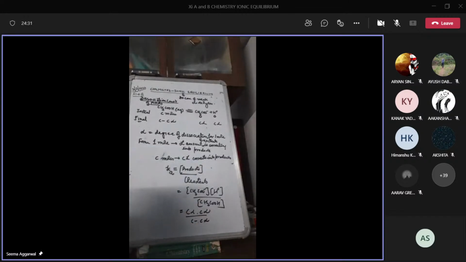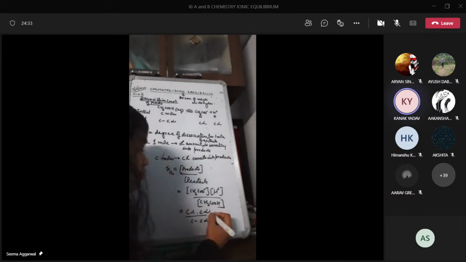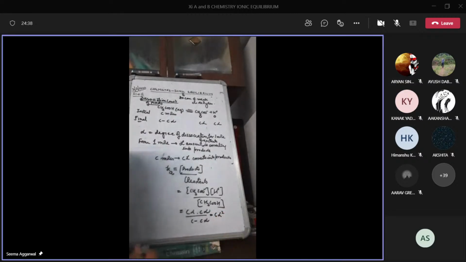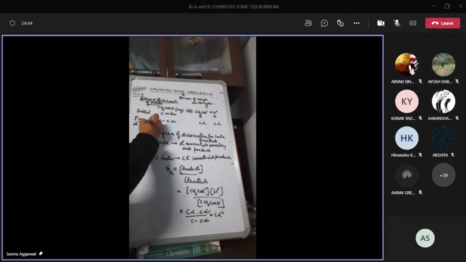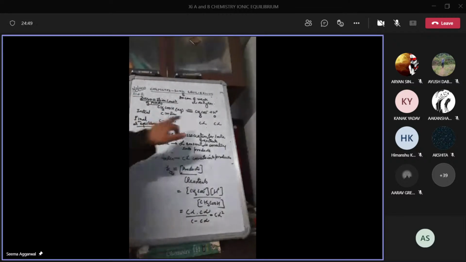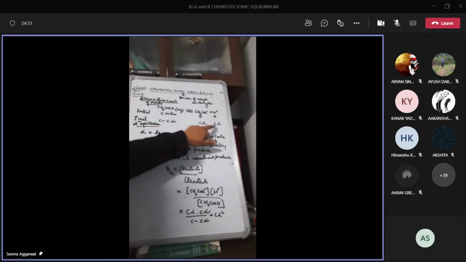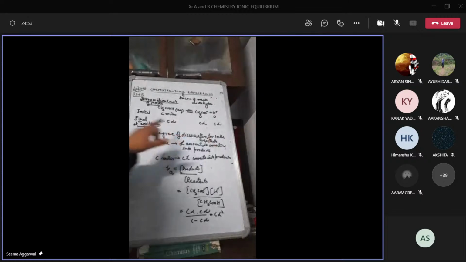Okay, we can take C as common. Our reactants were C moles, no? At equilibrium we are taking what is left. Equilibrium constant means at equilibrium. So at equilibrium, concentration of products is C alpha, and of reactant C minus C alpha.